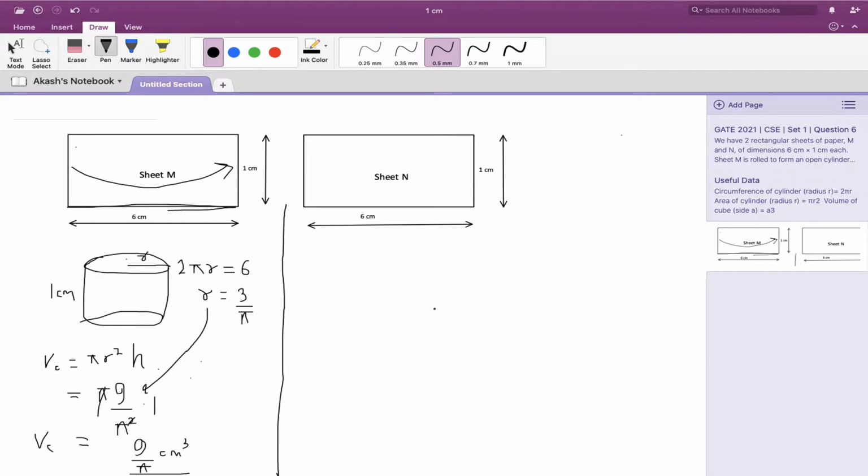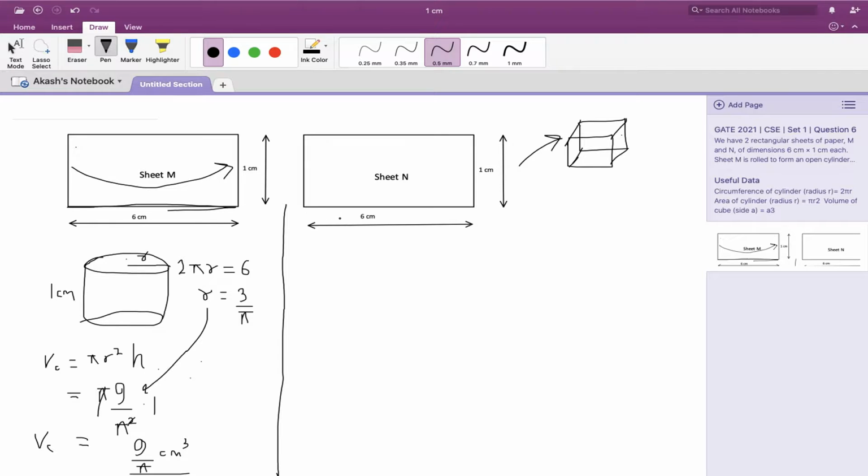Now, to calculate the volume of the cube, we have to divide the sheet into equal square patches. We know that the cube has 6 faces. So, if we can divide the sheet in such a way that it's divided into 6 equal squares, then combining them we can form this cube.